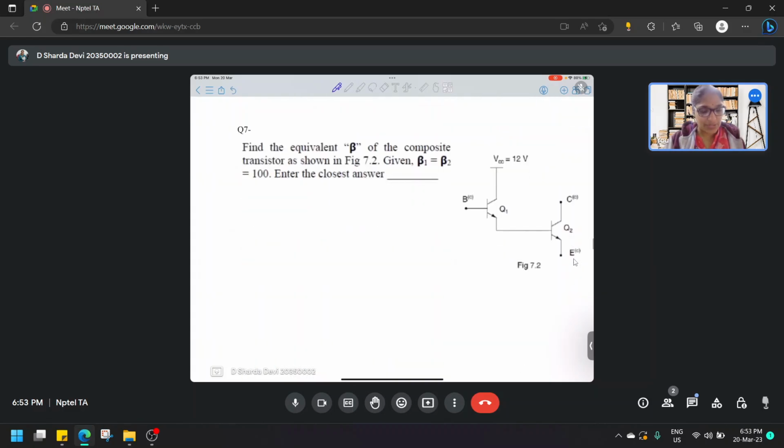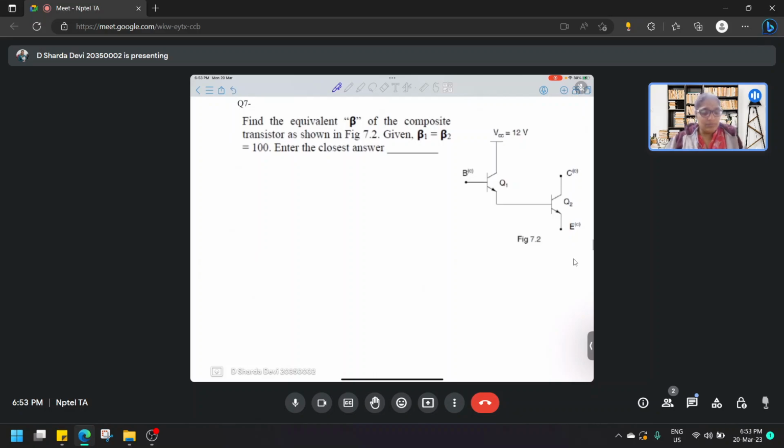Moving on to the next problem. In this problem we have to find the equivalent beta, such that beta 1 is given to be 100 and beta 2 is also 100. Okay, so we know that IB comes over here, right?